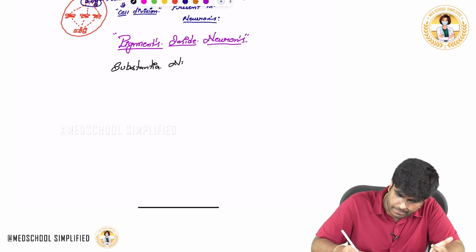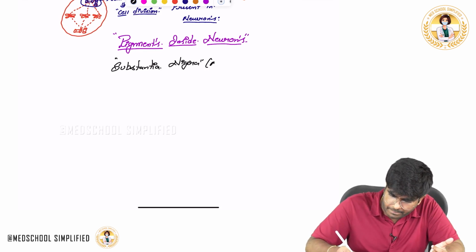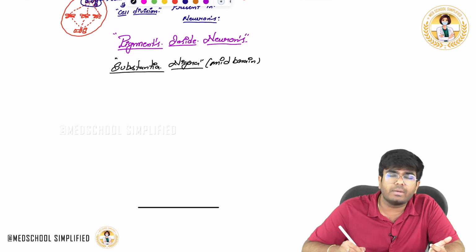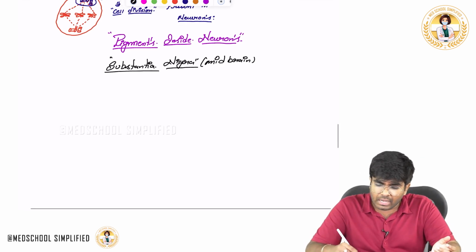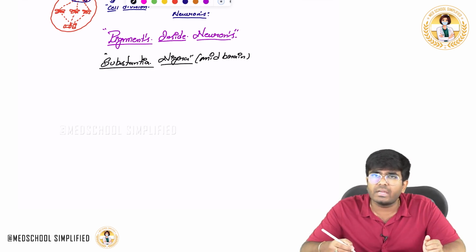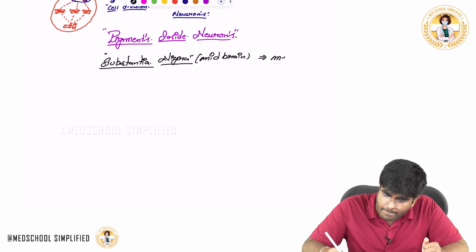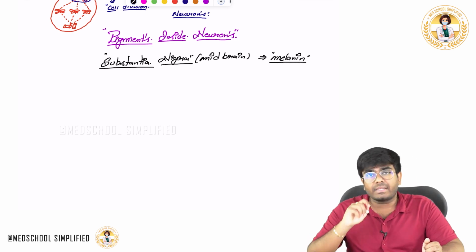Where is it present? It is present in the midbrain. The name itself is there. It's a substance which is black in color. Why is this area, which is made up of neurons, black in color? Because of a pigment called melanin. Okay, it is black in color.